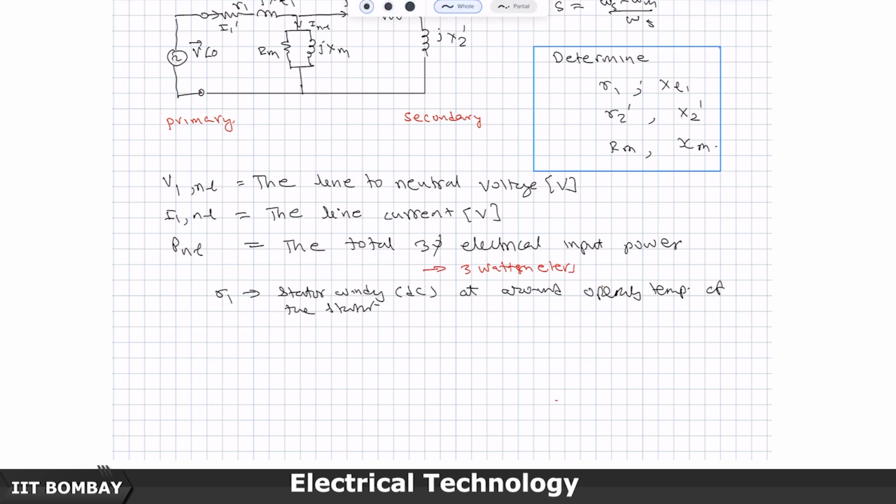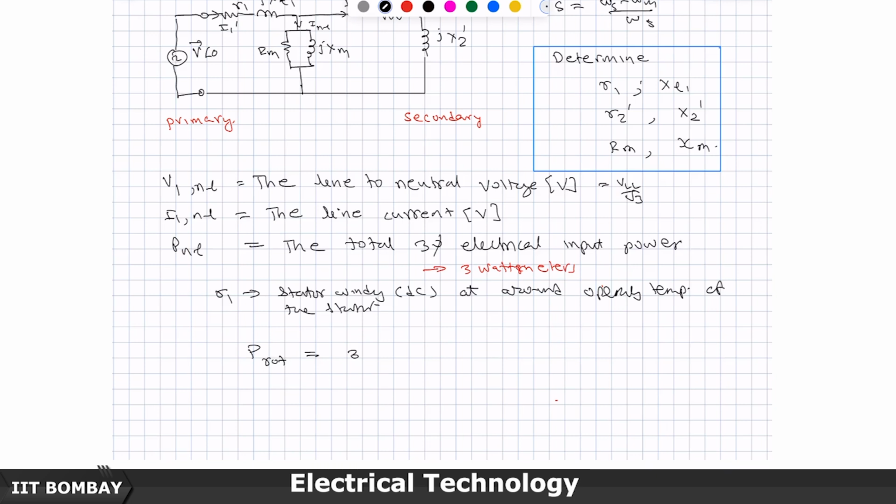Okay. And now, the line to neutral voltage, if you are measuring 3 line to line voltages, is going to be VLL by root 3, for a 3 phase machine. Now, what we need to calculate also: if you look at the no load input power, it will be made up of primarily 2 components.